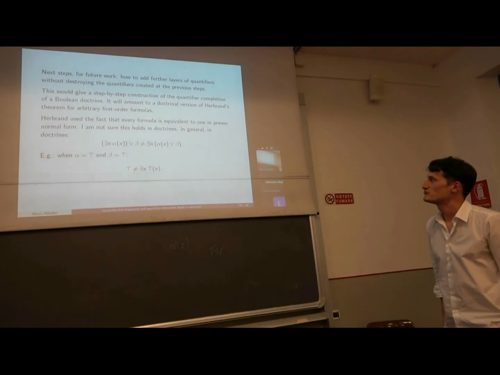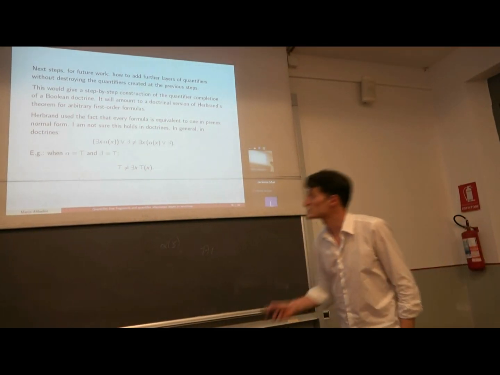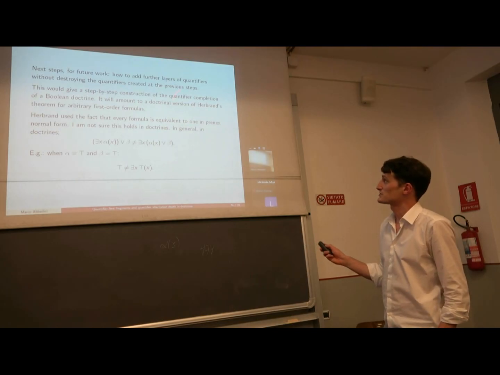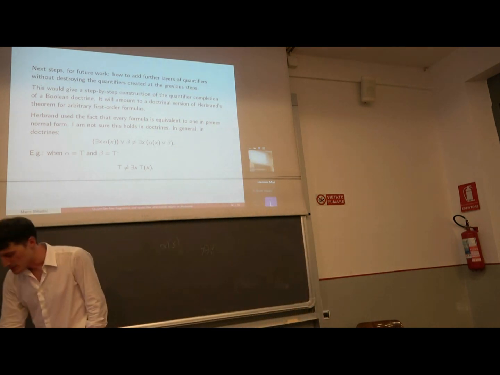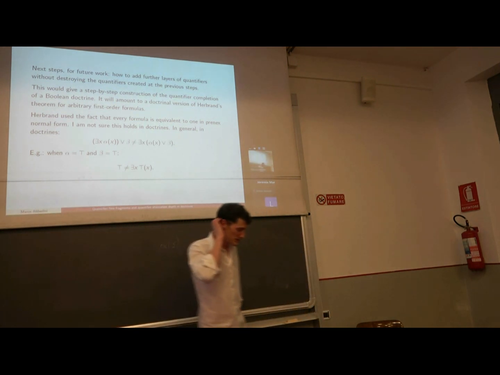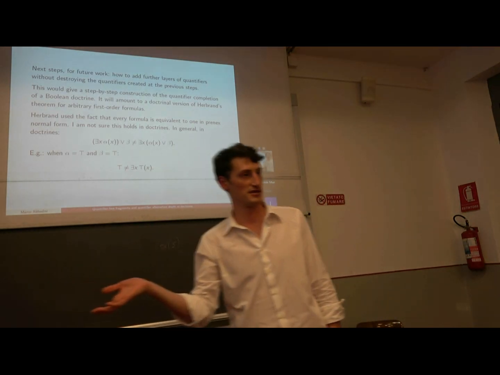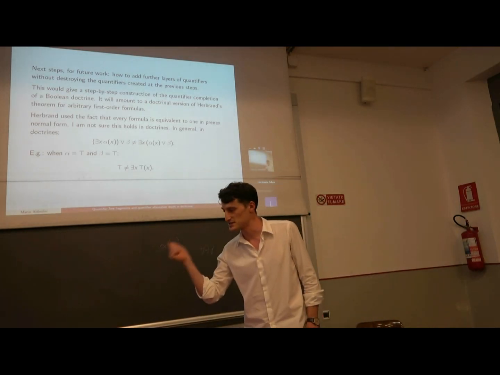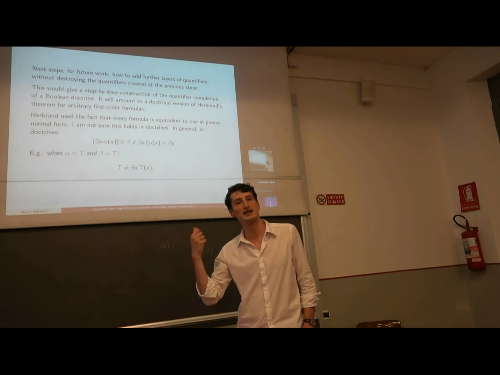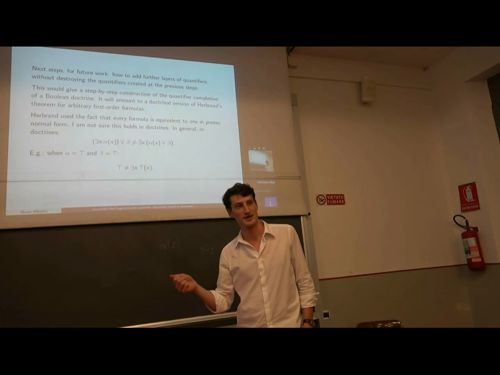And here, if we do what we want to do, so give this step-by-step construction of all quantifier completion, it will give a doctrinal version of Herbrand's theorem, but probably we will not be able to mimic Herbrand's proof, because the first thing that he does is to transform any first-order formula into a prenex normal form.